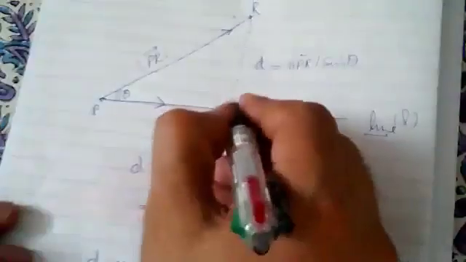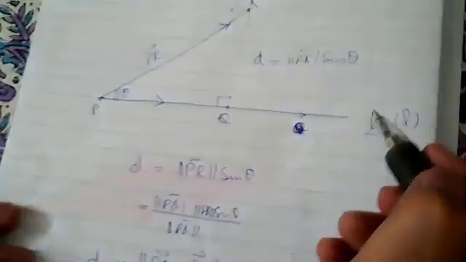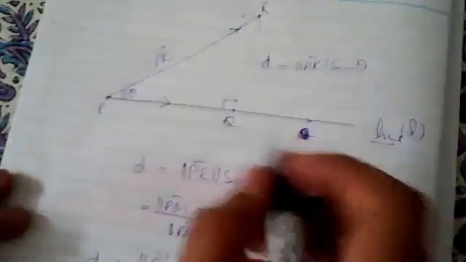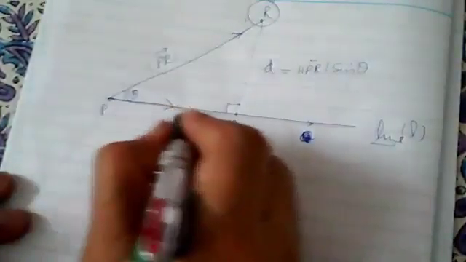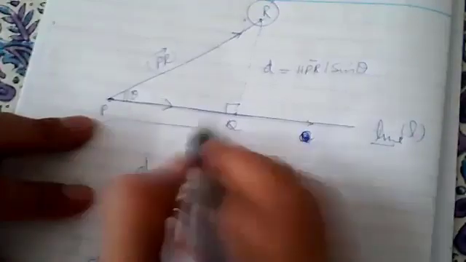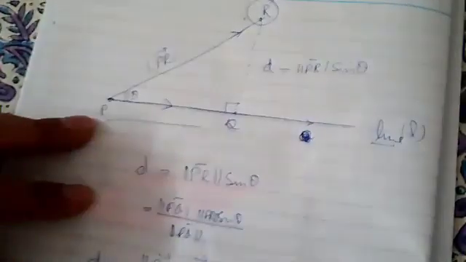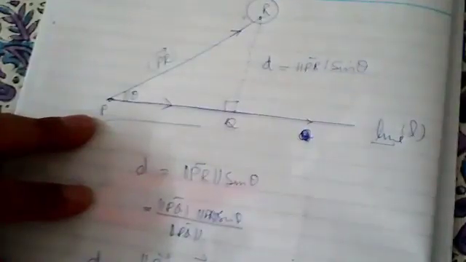And the distance of any point from any line is always perpendicular. Clear? So if you have the point R, whose distance you have to find from the line containing points P and Q, then the formula is: first the vector along the line, cross the vector with that point, over the magnitude of the vector along the line.